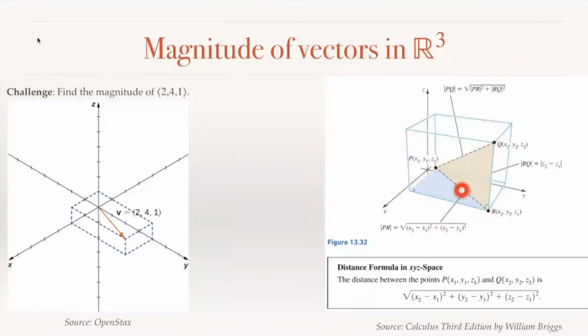So we take this length and square it, plus that length and square it. And that's what this here says. And then we add those together and take the square root. Well, this guy here squared gets us that. So this is our a squared, and then our difference in the z coordinates is our b squared. So that's our square root of a squared plus b squared in the yellow triangle here.